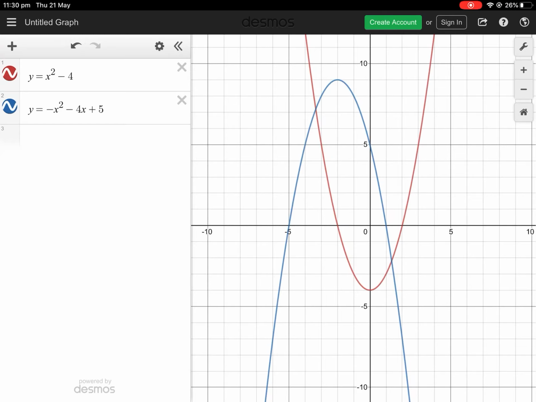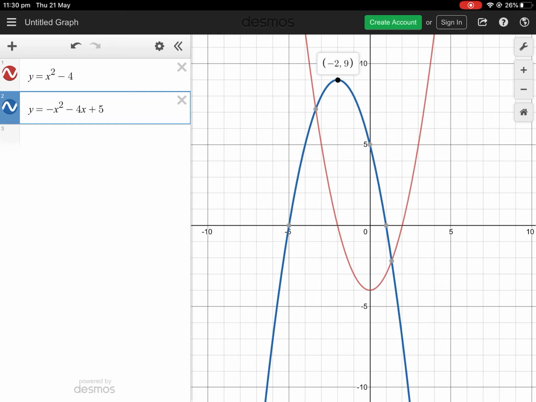Okay, so the coordinates of the turning point of the blue up the top there, that's -2, 9. The equation of the axis of symmetry, well, that's the vertical line that cuts my parabola in half. When I have a look at that one, I'm looking for where it cuts through the x-axis, or what is the x value of my turning point. Either one of those will give me the equation of the axis of symmetry.